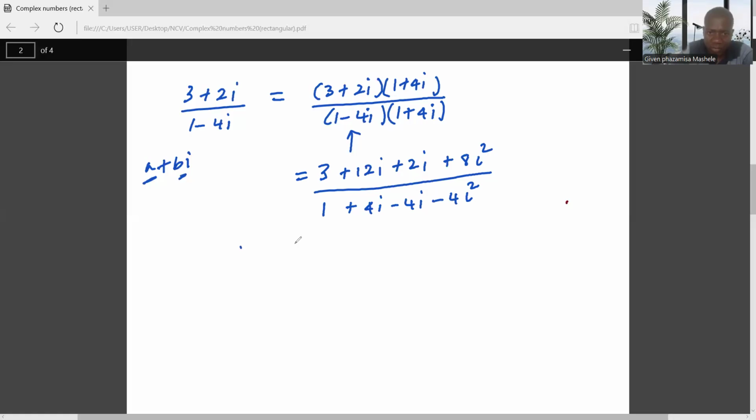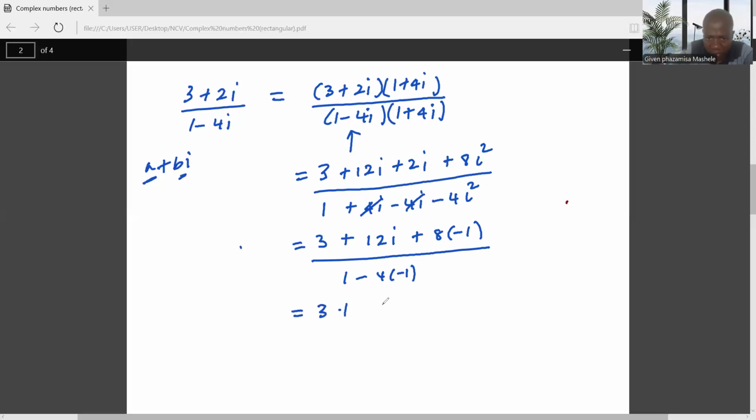And this would be 3 plus 12i, grouping the like terms, plus 8 times i squared, which is minus 1. Divide this, then this becomes 0. So we're going to have 1 minus 4 times negative 1, because i squared is negative 1. So let's group this. This will be 3 plus 12i minus 8 divided by 5, because this is 5.